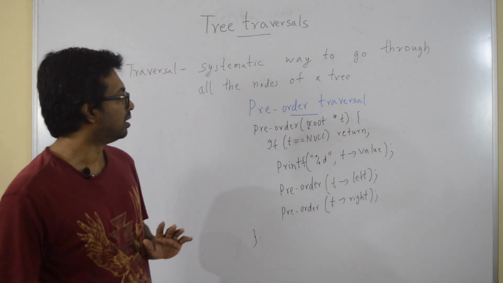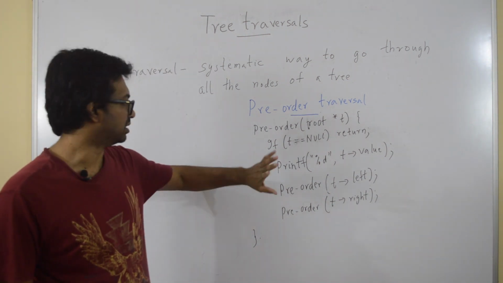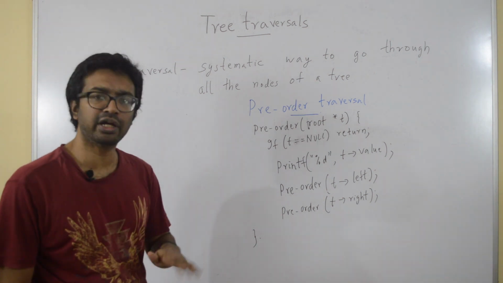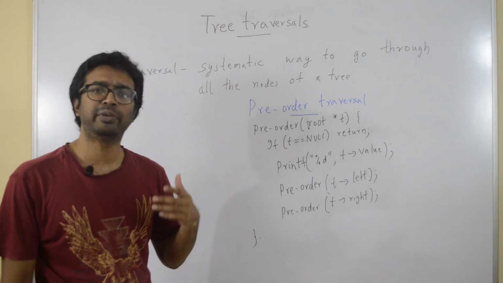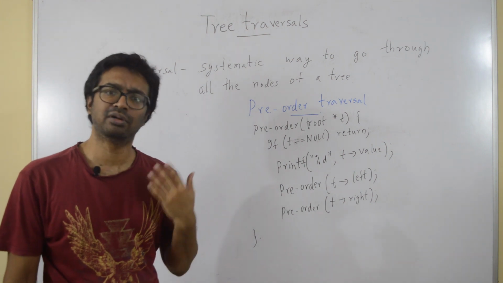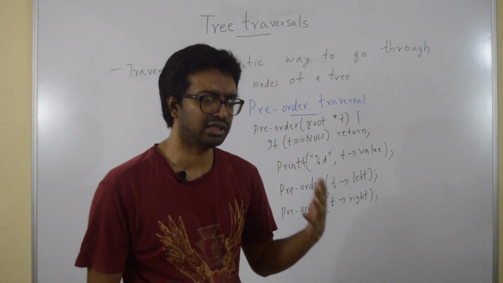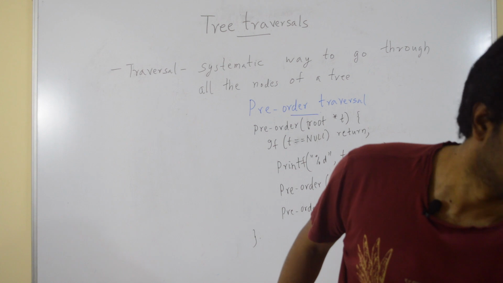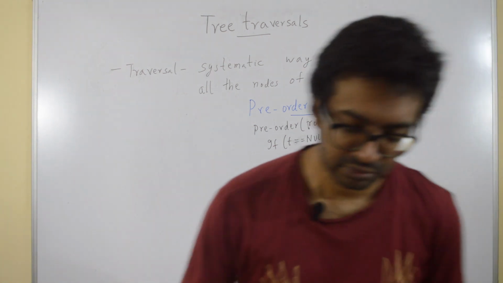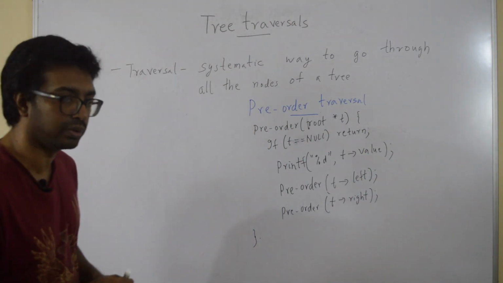Okay. So this is my pre-order traversal function. Now once I have this function, let me take another tree example and then work it out. Okay, let's see the traversal.